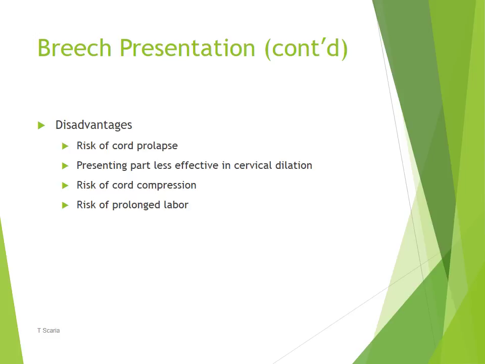Risk of cord compression, which is more dangerous, and you may see variable decelerations in this case. Then risk of prolonged labor. With breech presentation, you still can have vaginal delivery, but many obstetricians or midwives may not be comfortable delivering vaginally, and they may opt for a C-section.